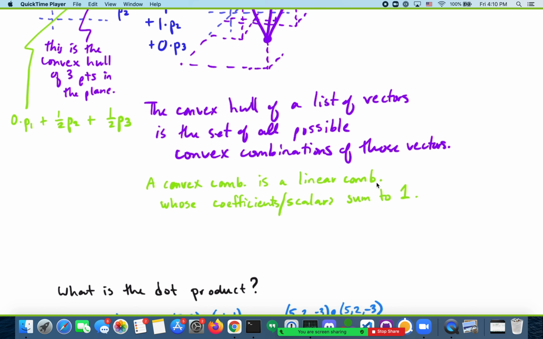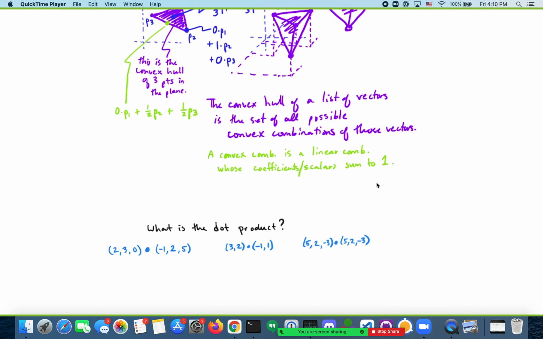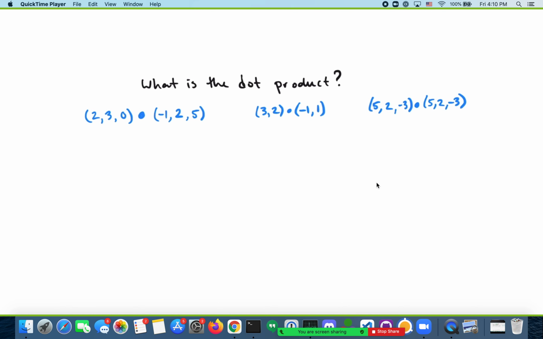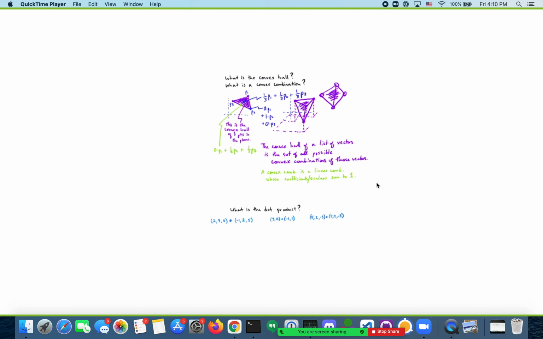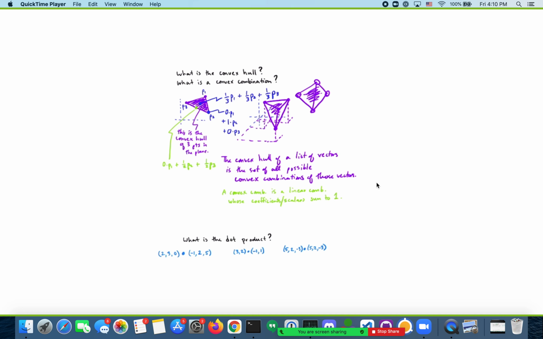Okay, there we go. Now, what is the dot product? Okay, so that was the end of convex combination.